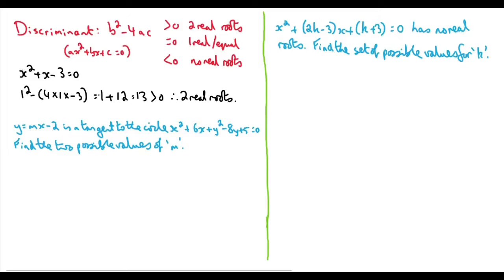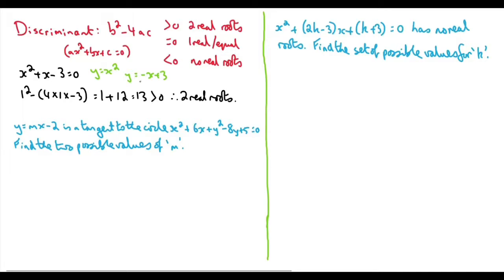Therefore, we would say that there are 2 real roots. Now, if this was just a quadratic in its own right, then that would just be showing us that there were 2 points upon which this line crosses the x-axis. However, if this quadratic was actually the combination of 2 other lines, let's say y equals x squared and y equals minus x plus 3, so because they're both equal to y, you've set them equal to each other, and then you've moved this right-hand side onto the left side to make that positive x and negative 3.